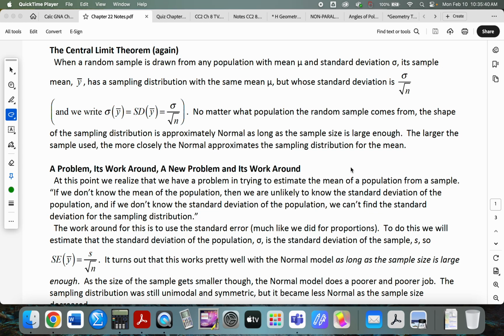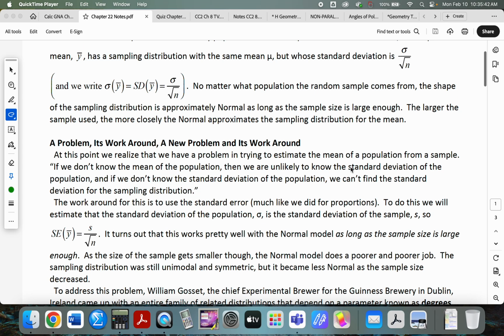So what we're actually going to do is, when we're finding the standard error for y bar, we're going to take the standard deviation of our sample divided by the square root of n, because that's all we're going to be able to do. It turns out that this really does work pretty well with the normal model as long as the sample size is large enough.